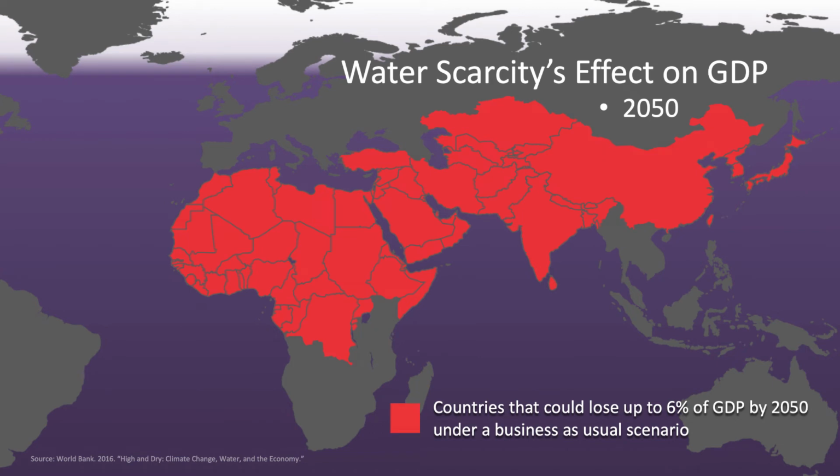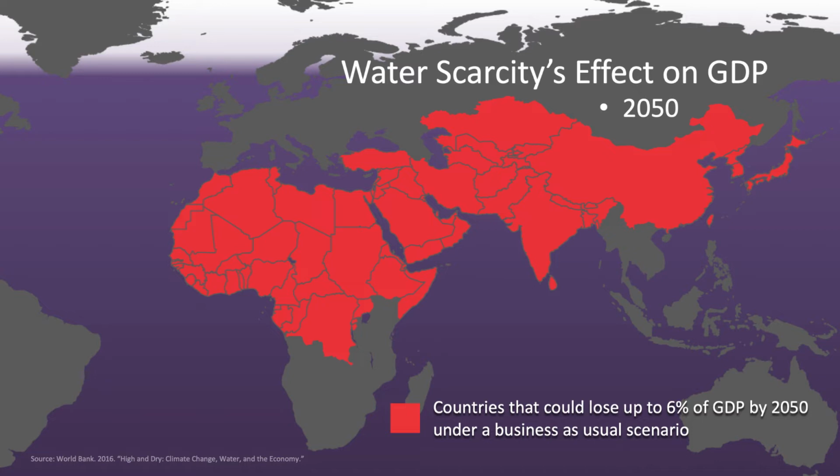So when we look at the parts of the world that are really in danger from this water scarcity, there are a lot of countries that could be seriously impacted. So I've already said that about 1.8 billion people live in these countries, and you can look at some of these high population countries that live within the zone. This zone marked off in red is countries that you can expect about 6% of the GDP being lost over the century in sort of our business as usual scenario.